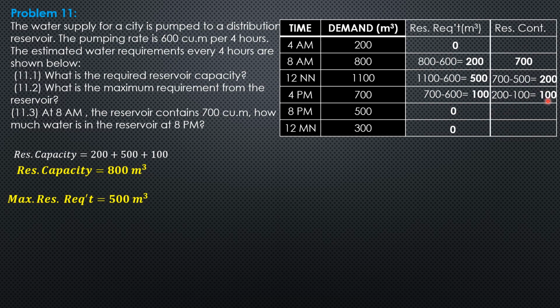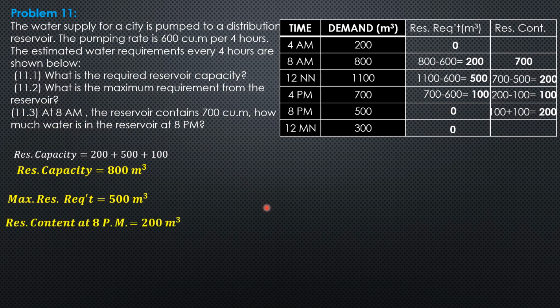So 100 plus excess 100 from the pumping rate, so the reservoir must have 200 cubic meters in its content because the source of the reservoir is also coming from the pumping rate during low demand, especially at night. So the reservoir has no other source except this excess pumping rate during low demand. So that's why the reservoir content is 200 cubic meters at 8 p.m.